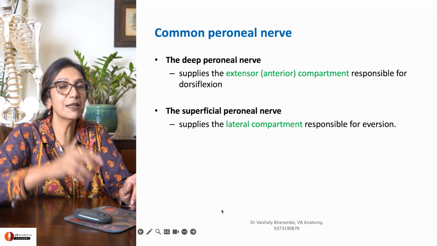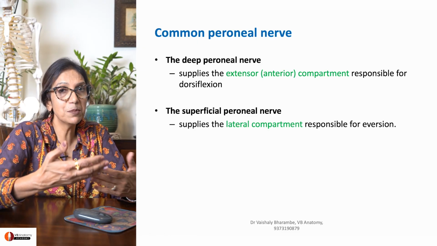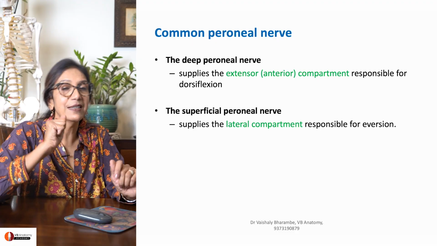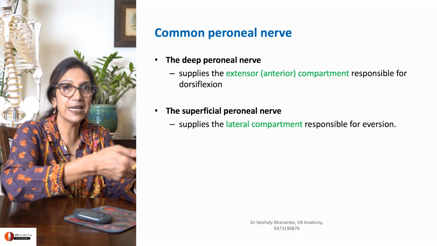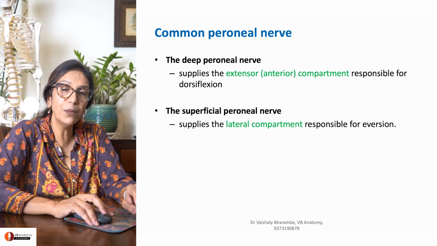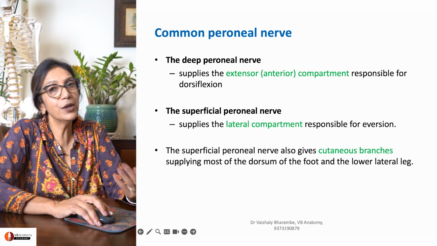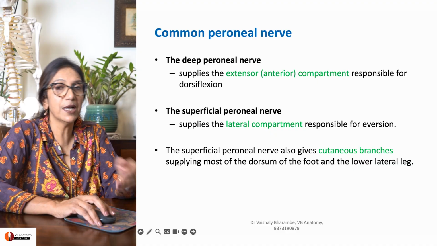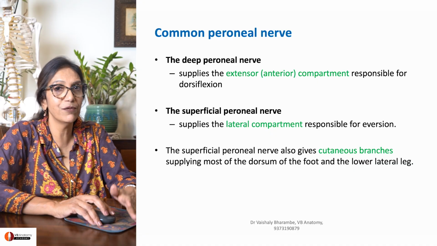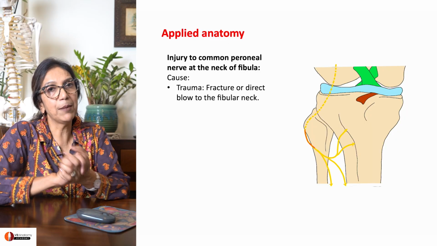Superficial peroneal supplies muscles of the lateral compartment, peroneus longus, peroneus brevis, which are everters. Dorsiflexors anteriorly, everters laterally. So this is what your common peroneal is going to bring about. Superficial peroneal also gives rise to cutaneous branches that supply the dorsum of your foot.